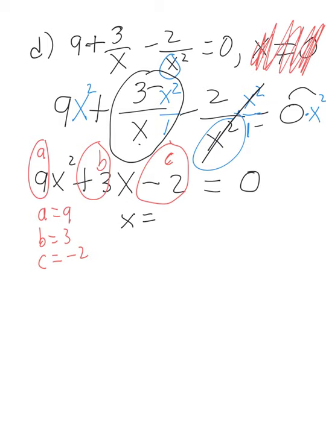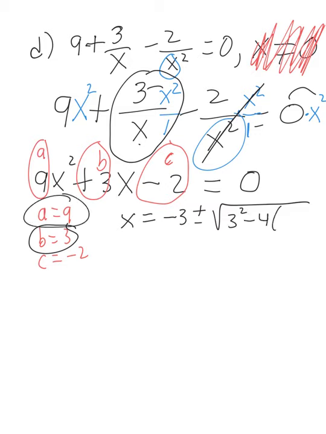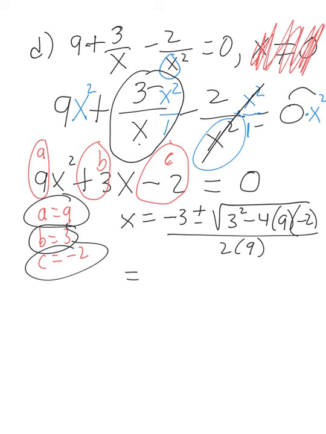So x equals negative b, which is 3 this time, plus or minus the square root of b squared, so that's 3 squared, minus 4 times a, which was 9, times c, which is negative 2, all over 2 times a, which was 9. So as usual, let's get it down to one number under the square root symbol to see if we can go further or not.